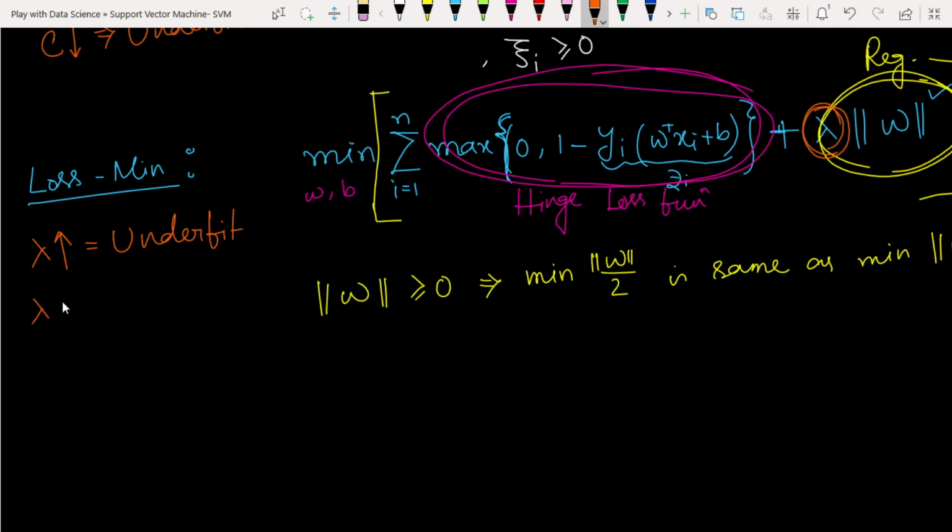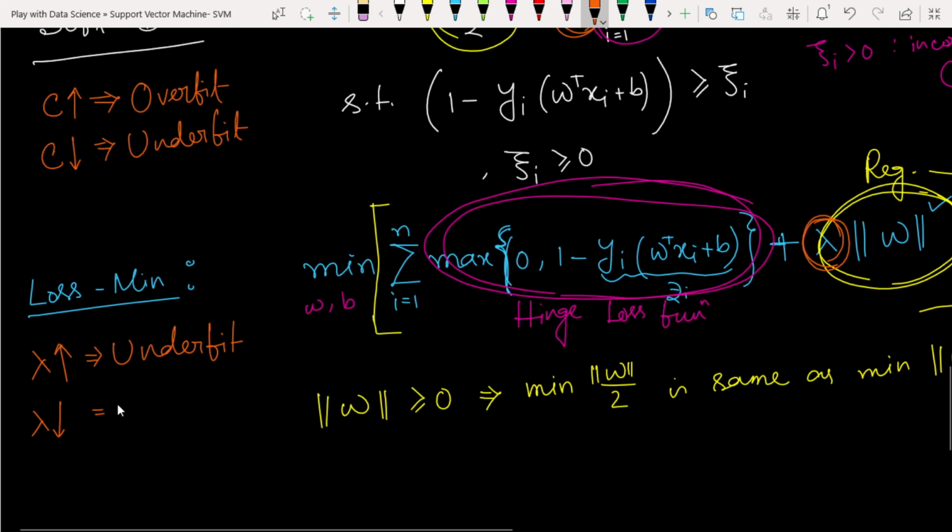If we decrease the value of lambda, our model is going to overfit. So both these work the same, but from different perspectives.